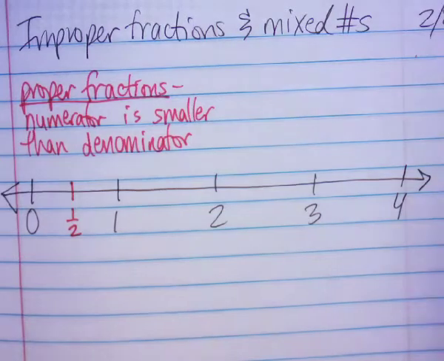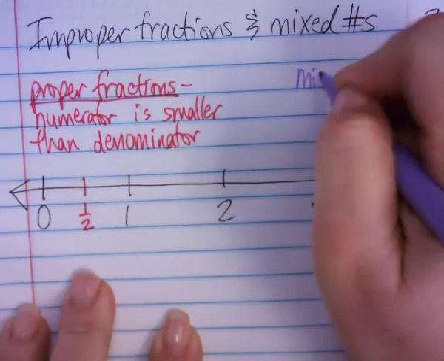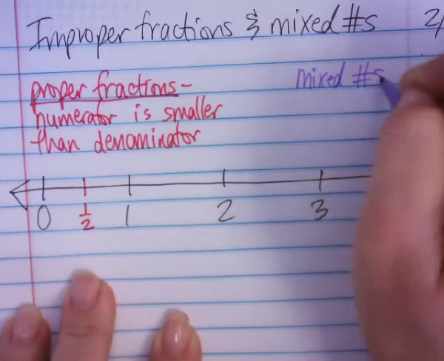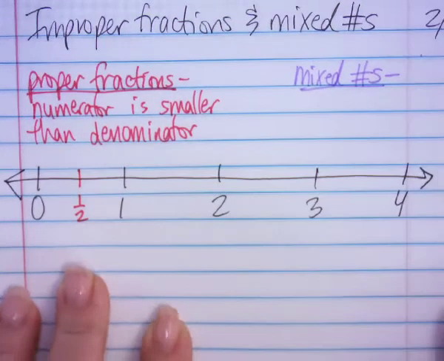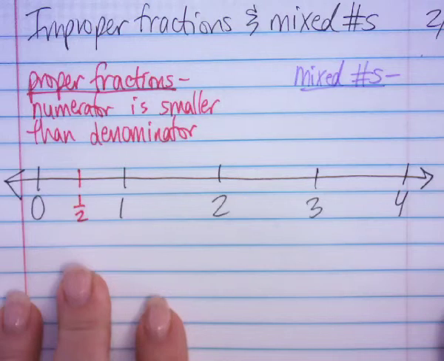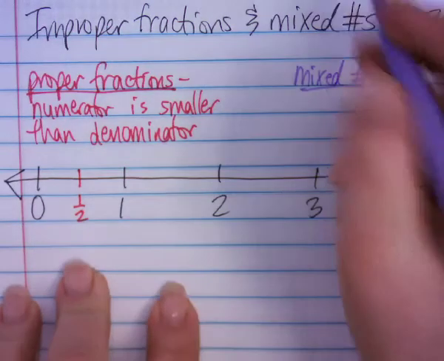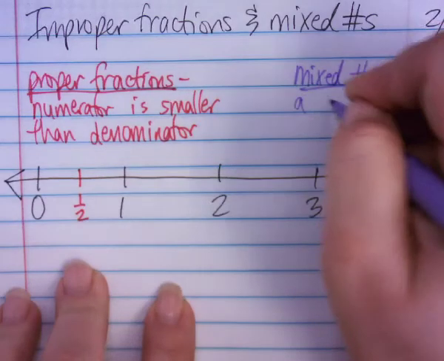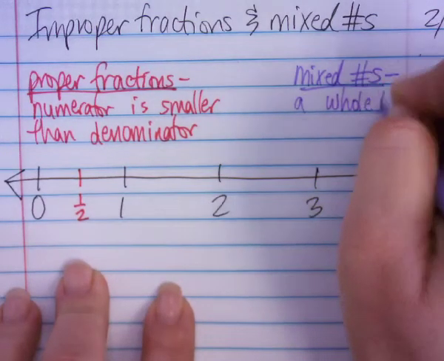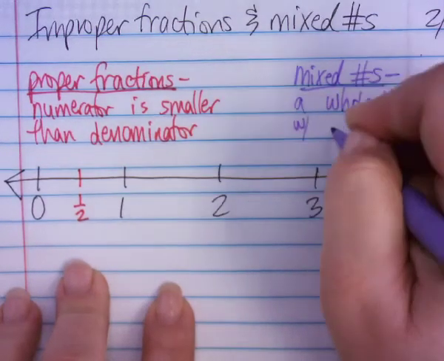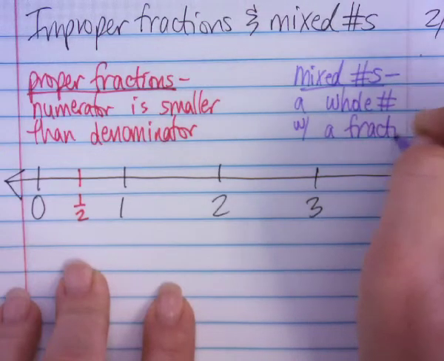Now, with my purple pen, we're going to talk about mixed numbers. And what's a mixed number? What is it, Dunham? It's a whole number with a fraction. Yep. A whole number with a fraction.